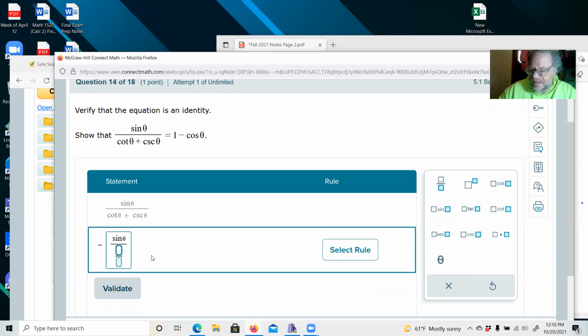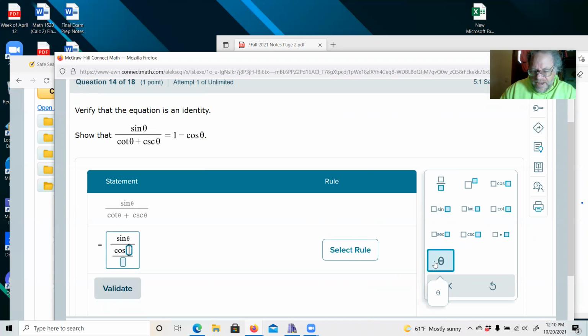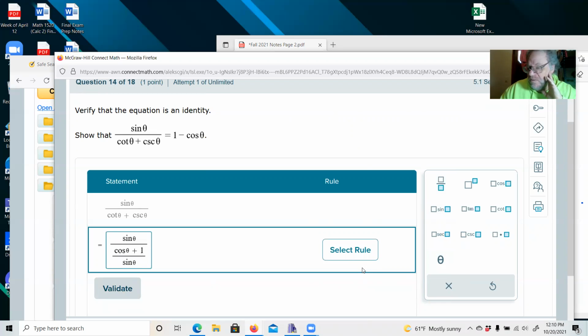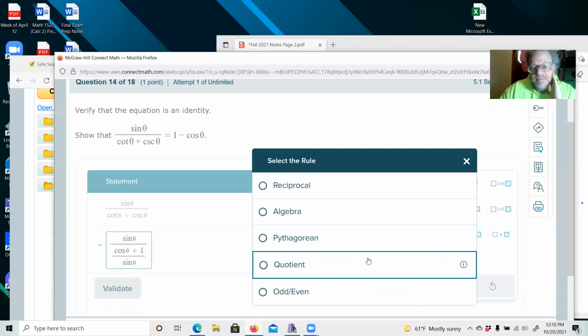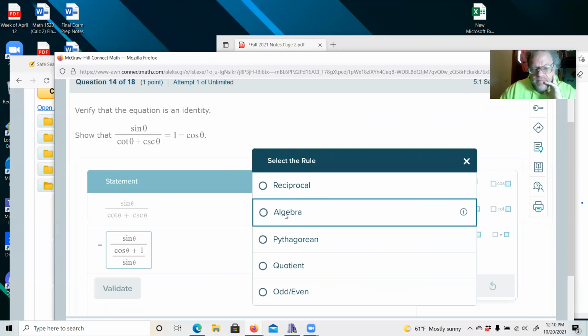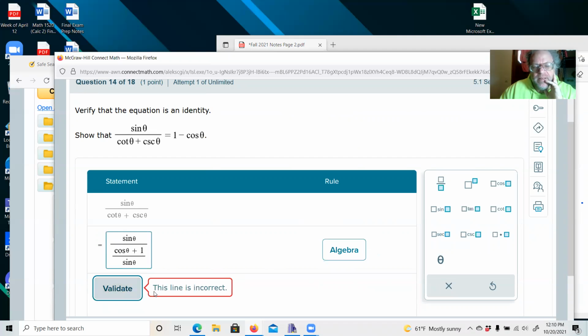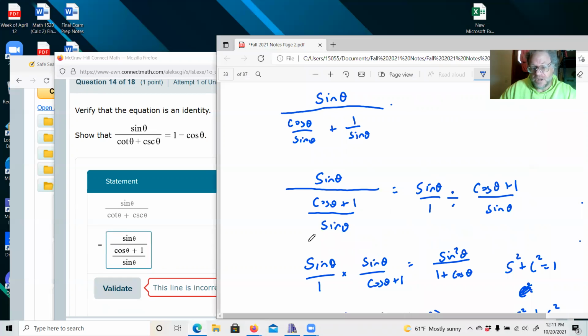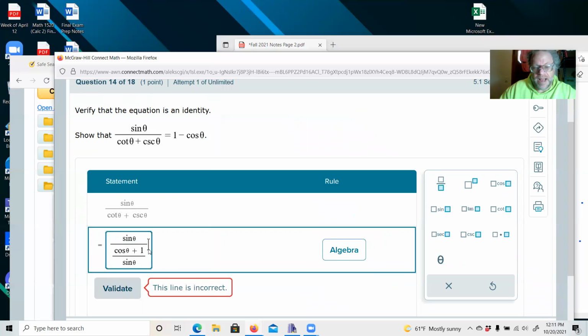Cosine theta plus 1 over sine theta. Our rule is that we did some algebra. Validate. This line is incorrect, it didn't like it. I jumped too far, I did not like this at all. So let's go back.